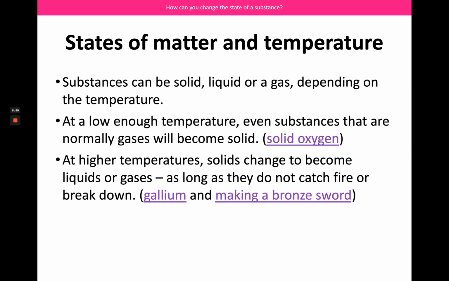Equally, things that you always think of as being solids, say metals, for example, can change to become liquids, or can change to become gases, providing that they don't actually catch fire or break down before that happens. Gallium is a lovely example.